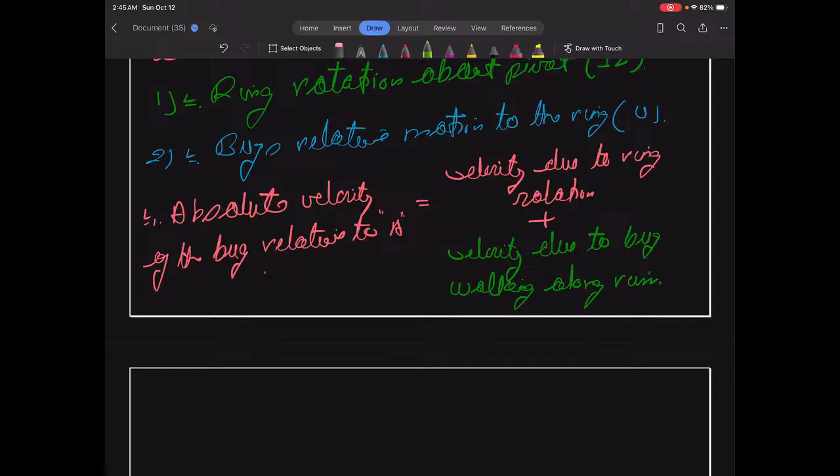So we are going to have two types of velocities contributing to the absolute velocity of the bug. First will be the ring rotation, and second will be the velocity with which the bug is walking.